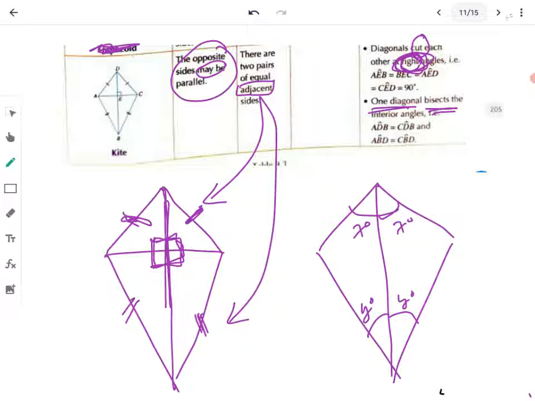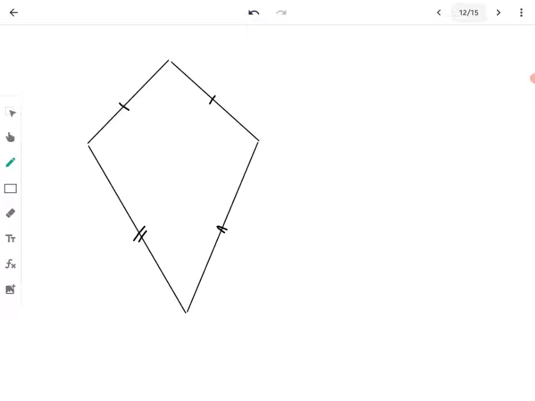So let's use this in solving unknown angles. If I draw a diagonal here, notice that it's like an isosceles triangle, and we know from the properties that the angles opposite the equal sides are also equal.